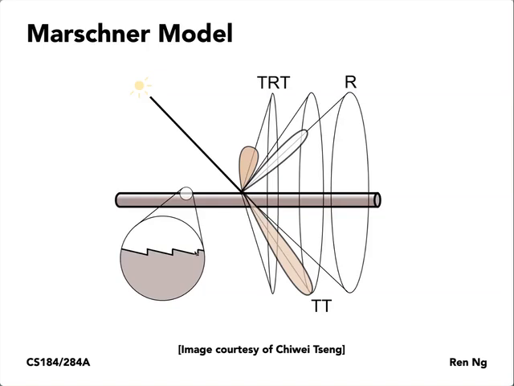It doesn't assume a smooth cylinder, but rather one that's shaped like this. And it theoretically derives that a ray of light that arrives at the surface will then reflect into multiple cones of reflected light, as you can see here. One that's labeled R over here, that's the Kajiya-Kay one. A second one that's a cone called TT over here. A third one that's called TRT, and even more, but they get darker and darker.